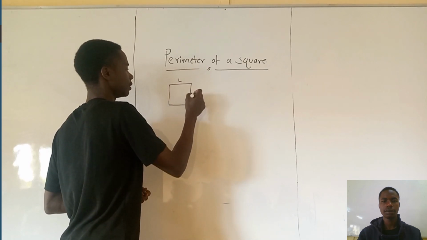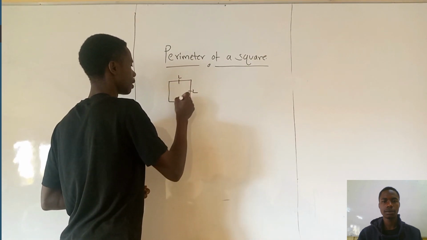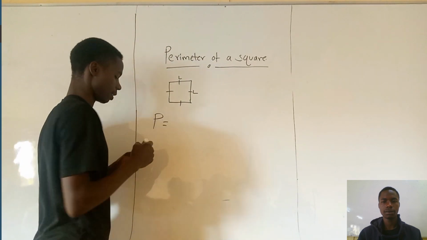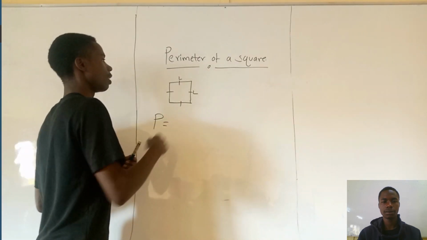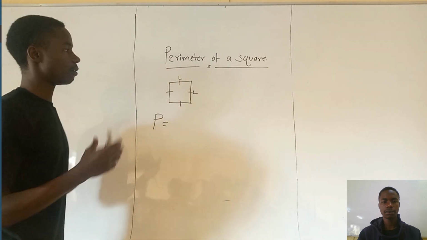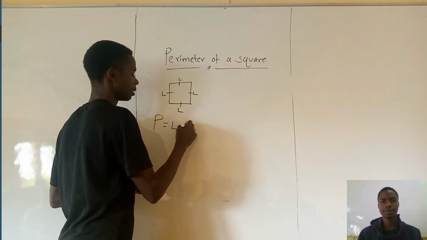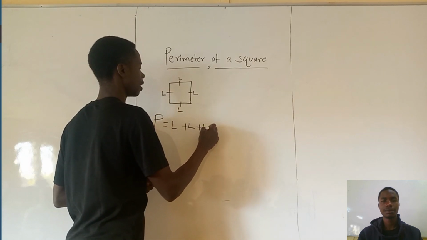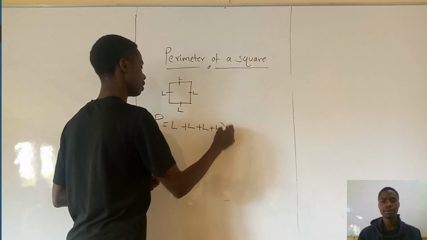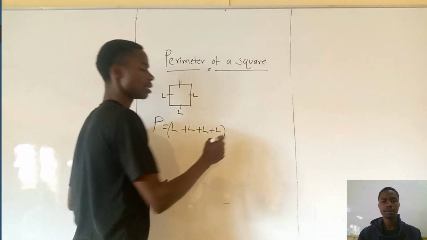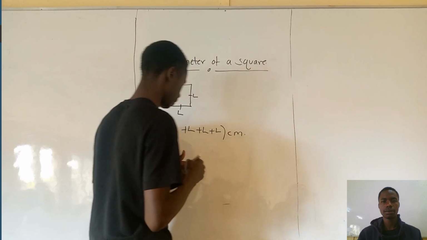Let's say our length is L. When looking at the perimeter, it is the total length of the 4 sides of a square. That is L plus L plus L plus L. That's our perimeter. Let's say it is in centimeters.